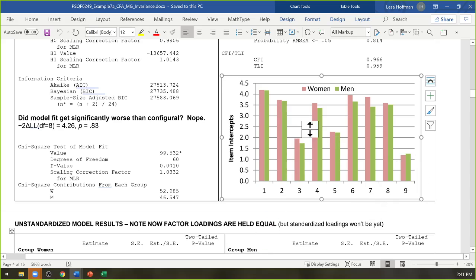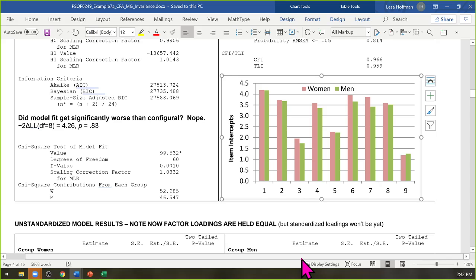And what we want to know is, is the reason that women have a higher mean response to these items than men because women are more depressed? If it's the factor that's causing these differences, then constraining the intercepts while allowing the factor means to differ between groups shouldn't hurt the model.